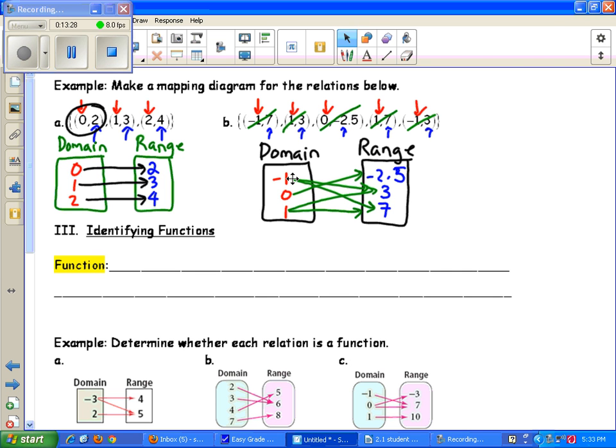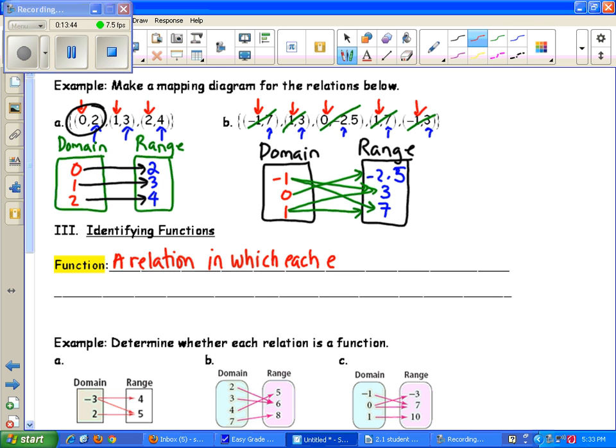A function is a relation in which each element of the domain is paired with exactly one element of the range.